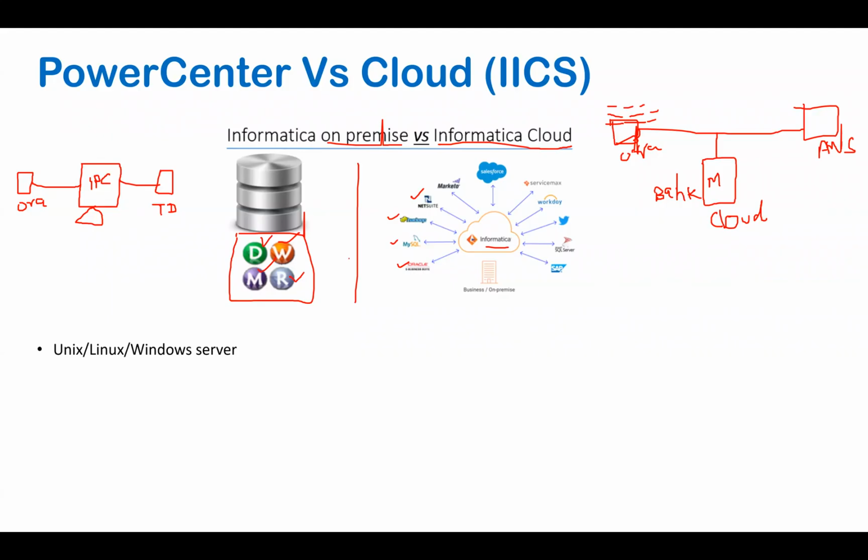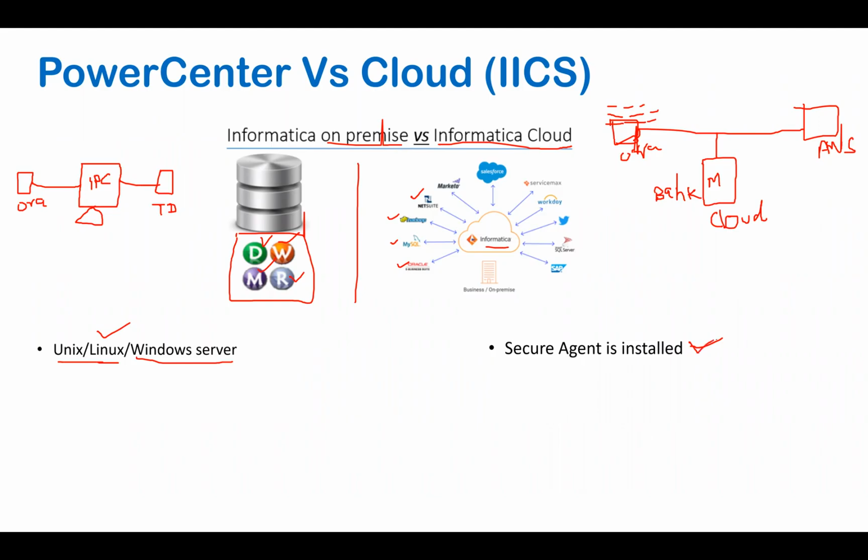Here, Informatica PowerCenter is running on Unix and Linux machines, right? Very rarely it will be running on a Windows server, but mostly on Unix and Linux servers. Who will maintain this Unix and Linux server? It is maintained by the organization. But here, only the secure agent will be installed in our machine.